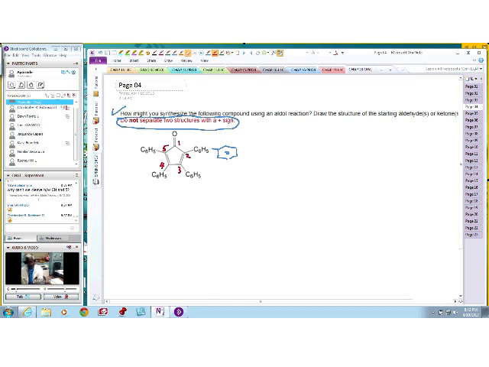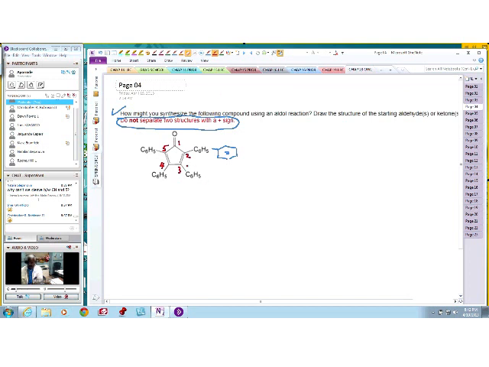I would also tell you that you have two aldol condensations taking place in this process. The first is a regular aldol condensation, and the second will be an intramolecular aldol condensation. So you do have two processes: your regular aldol condensation followed by an intramolecular aldol condensation.